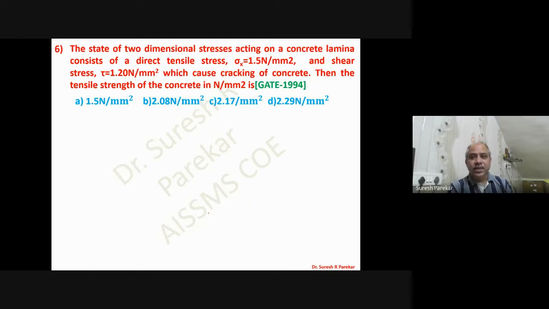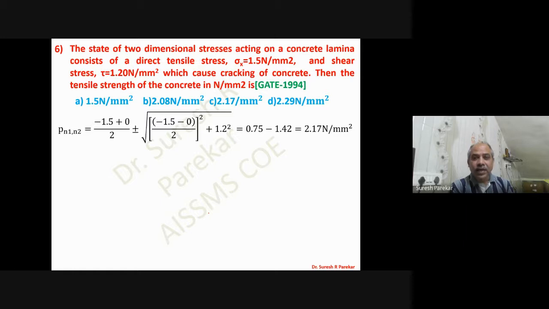Then the state of stress. Sigma is given as 1.5 and shear is given as 1.2. We have to find out Pn1 and Pn2, one of which we will get as the cracking value, that is the maximum value.